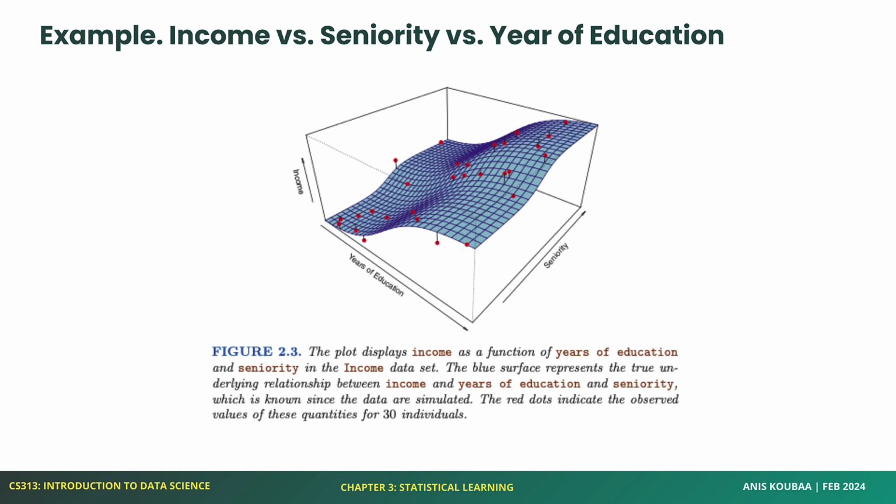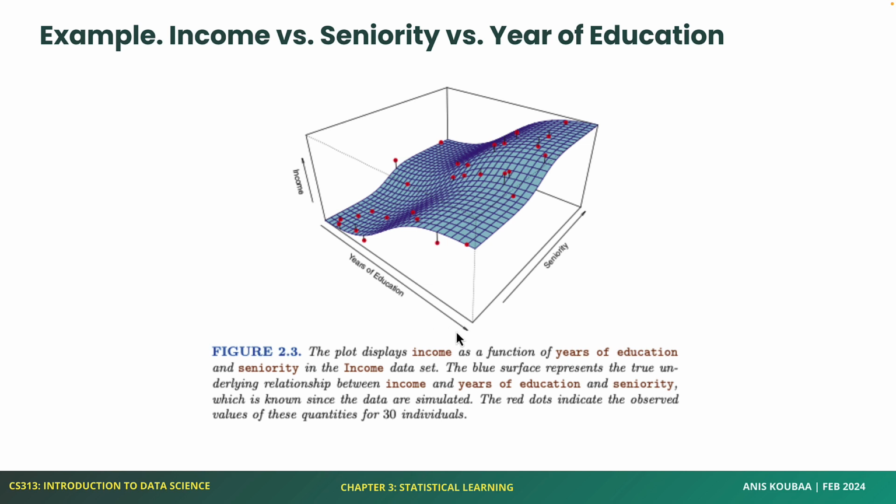Look at this example. This will explain you everything. Now imagine we have this distribution of data between income of a student that graduated, the years of education, and the senior level. Okay, so usually for one person there should be a relation.